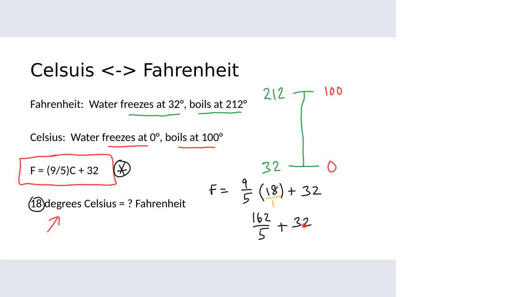We're going to be okay with a decimal answer here, so we can go ahead and do 162 divided by 5 and get 32.4. We'll add 32, and we'll end up with 64.4 degrees. So if it's 18 degrees Celsius, that would be 64.4 degrees Fahrenheit.